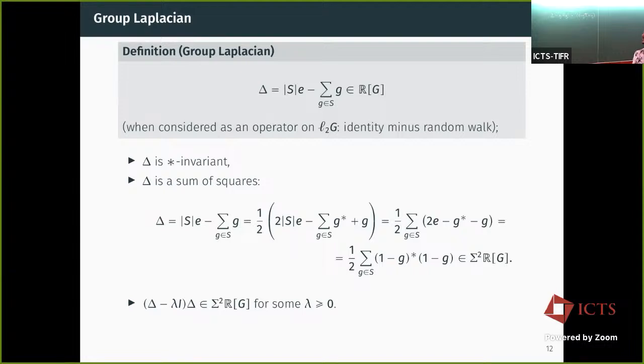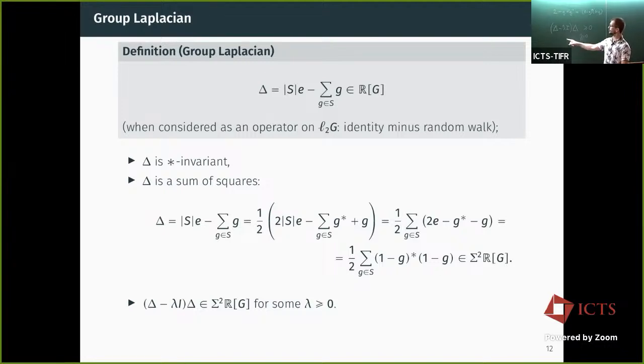Right? And then this is maybe a stupid remark, namely if I take this expression, delta minus lambda identity, so that's like an eigenvalue problem, and then I project it onto delta again. This guy is going to be non-negative, well, definitely for lambda equal to 0, right?